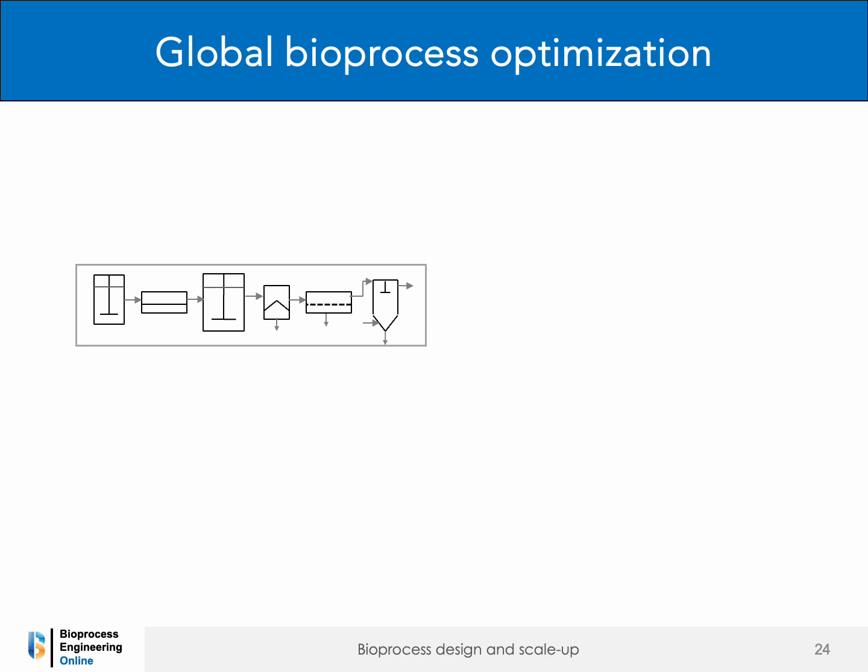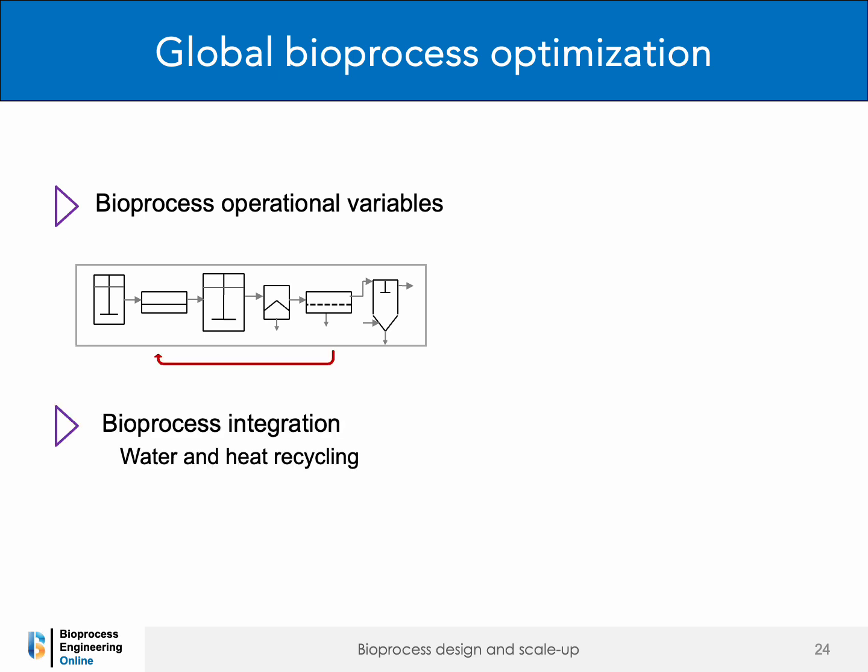The ultimate objective in bioprocess design is to optimize the operating modes and variables of the unit operations within the chosen process scheme. This optimization can extend to considering process integration schemes, including water or heat recycling between unit operations.